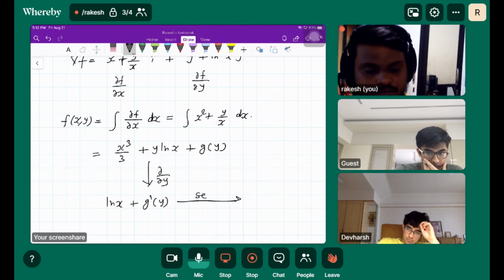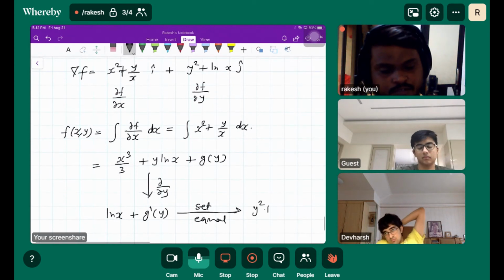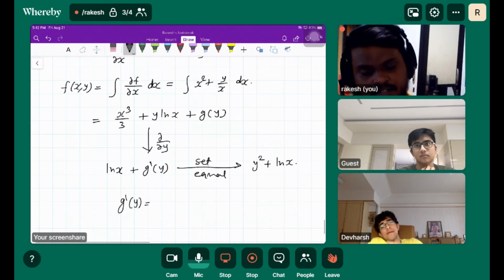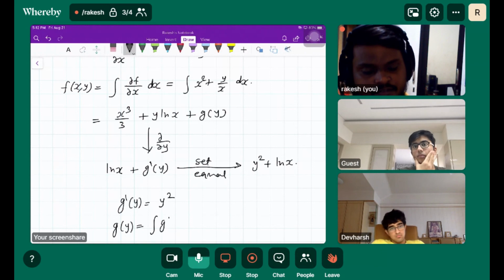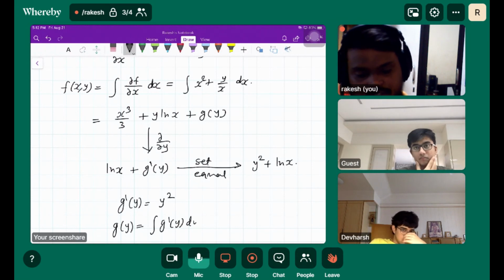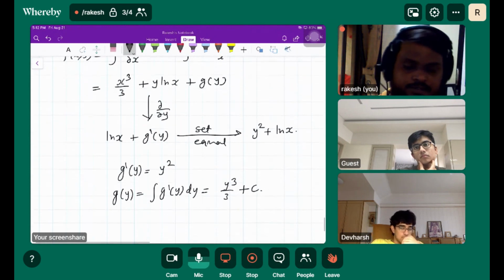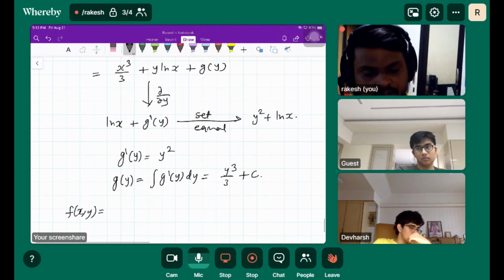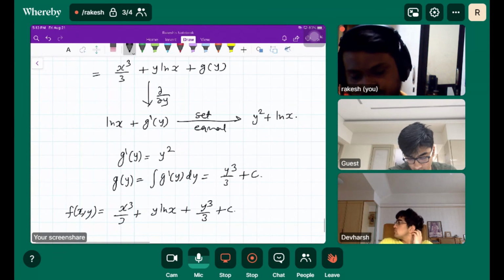We set this equal to the given partial derivative, which is y square plus ln x. It means my g dash y will be y square. So g of y will be the integration of g dash y, which is y cube upon 3 plus c, right? So my function is x cube upon 3 plus y ln x plus y cube upon 3 plus c.